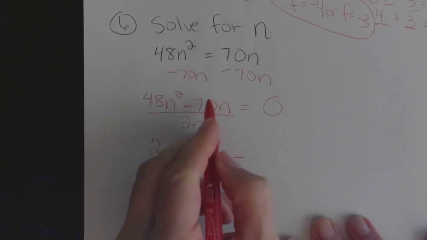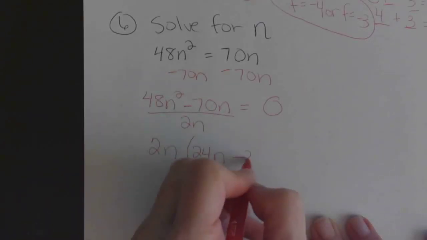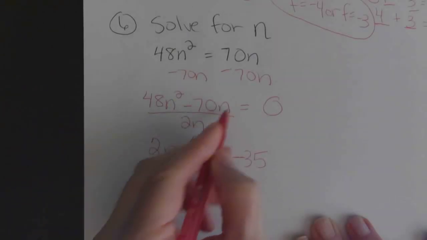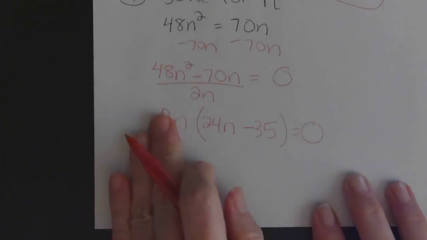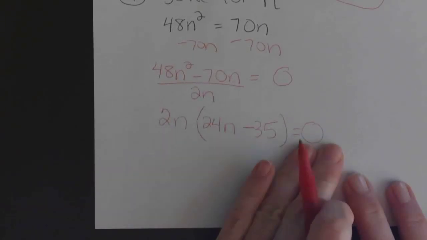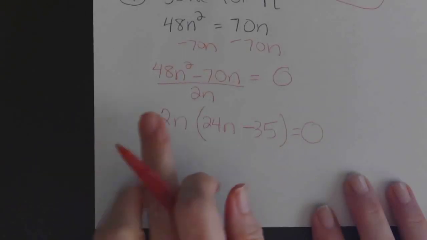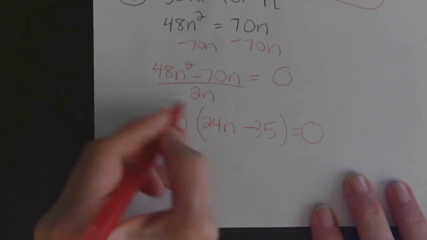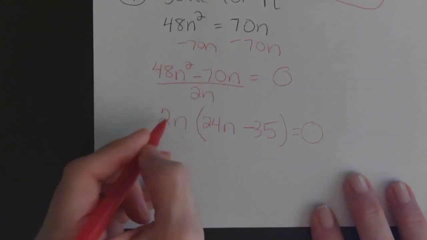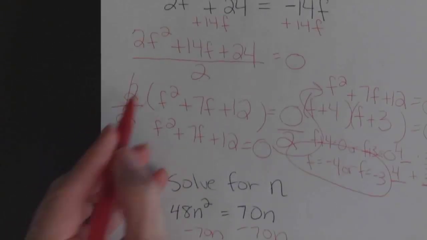Okay, so the 2n comes to the front, and then I'm left with 48 divided by 2 is 24, and I'll have an n, minus, and then 70 divided by 2 is 35, and the n's drop, so there we have that, equals 0. Now we have two items being multiplied to 0, a monomial and a binomial, so either this equals 0 or this equals 0.